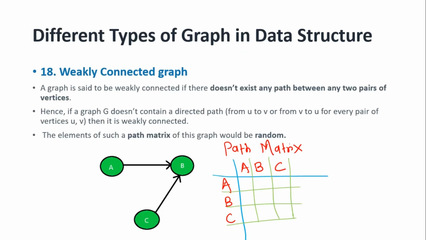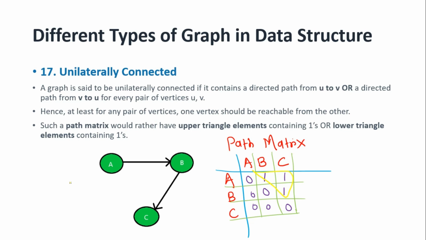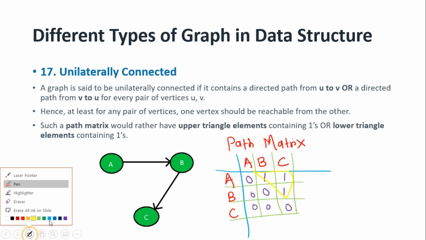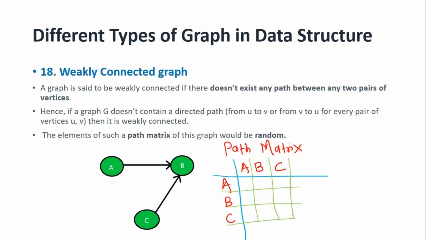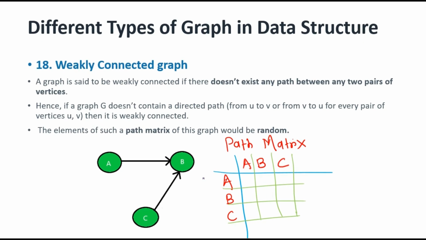And if the path matrix values are random, then that graph is called a weakly connected graph. In this case we have a triangular form for our graph, where all the edges go in only one direction. All the paths are present in sequence across the vertices. This is unilaterally connected.